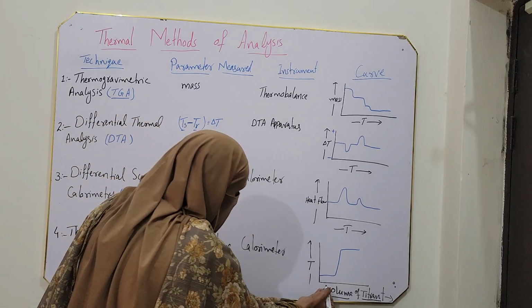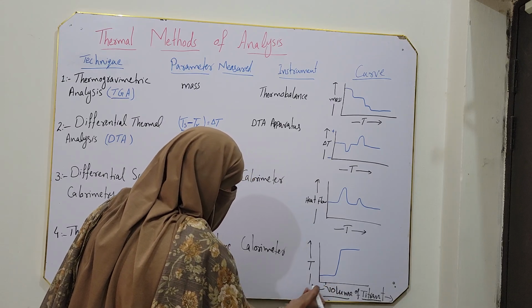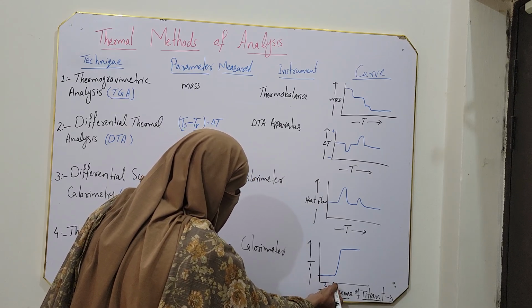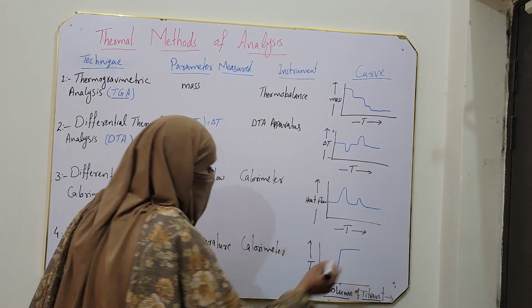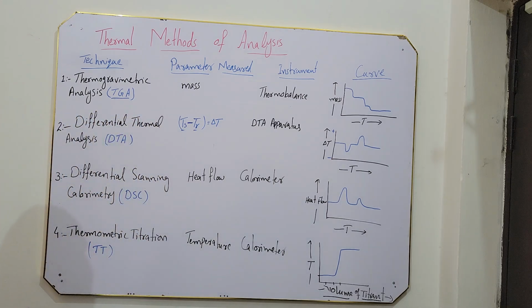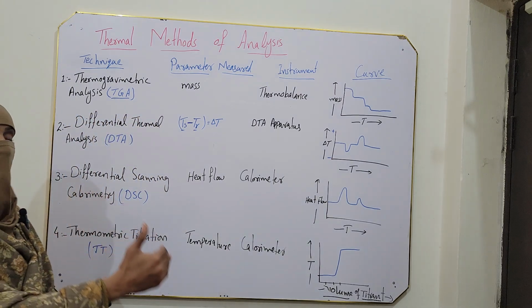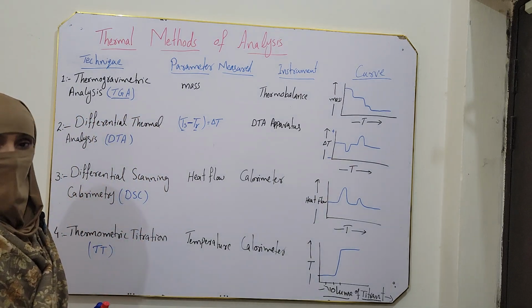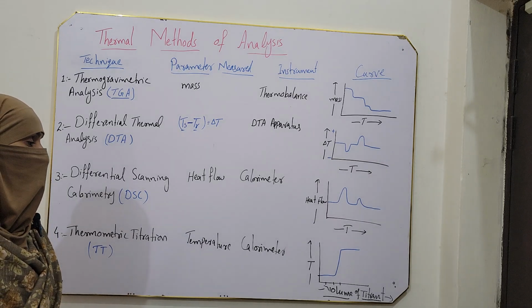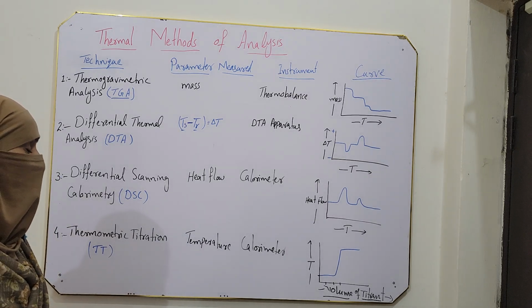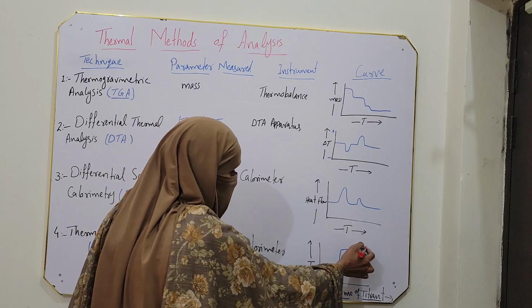This means that by adding 1 ml of titrant, we record what the temperature is, then 2, 3, 4, and so on. So in thermometric titration, basically the change in temperature is measured to check the end point of the titration. For example, acid-base is a common titration. In this titration, this type of curve is obtained.